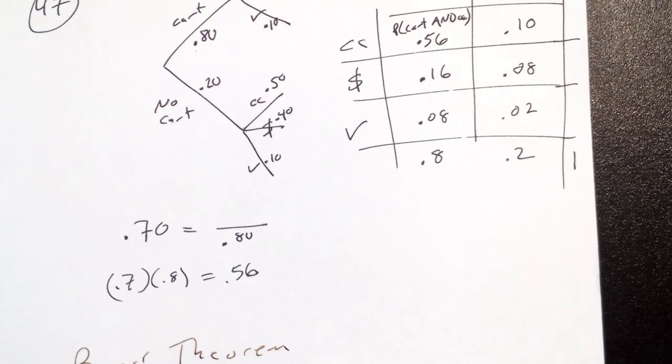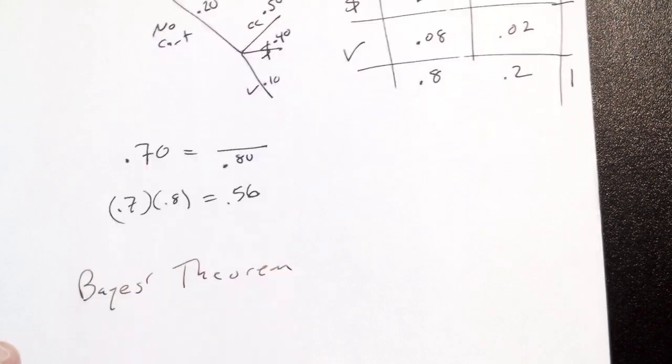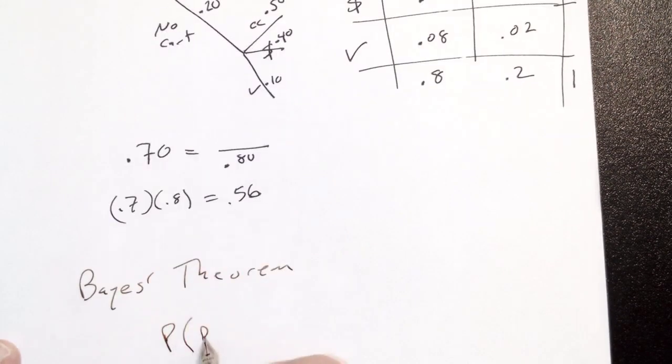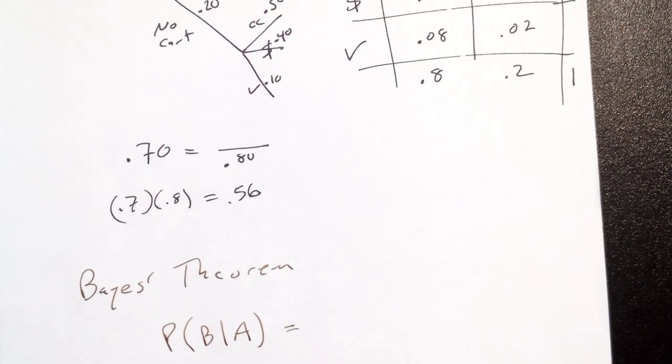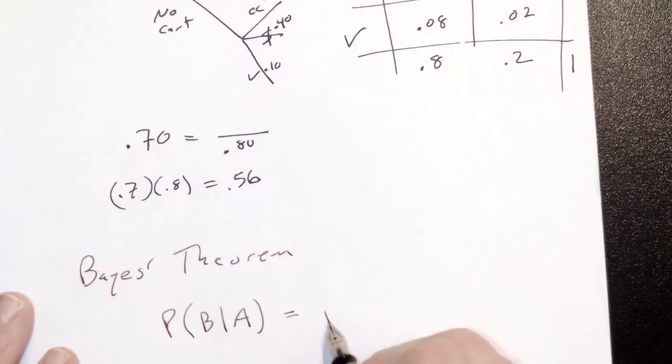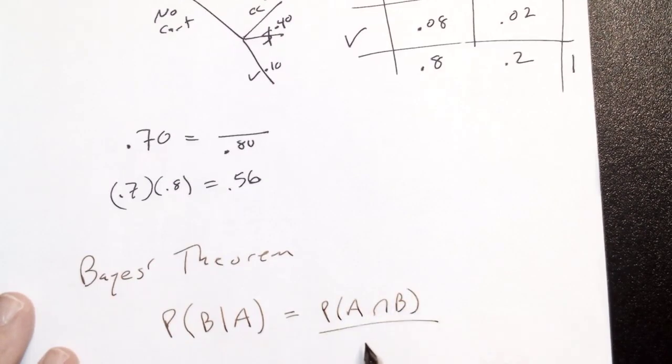And he said, a way to get the conditional probability of B given that A has already happened is to use our definition, which says we can do probability of both divided by the probability of the second.